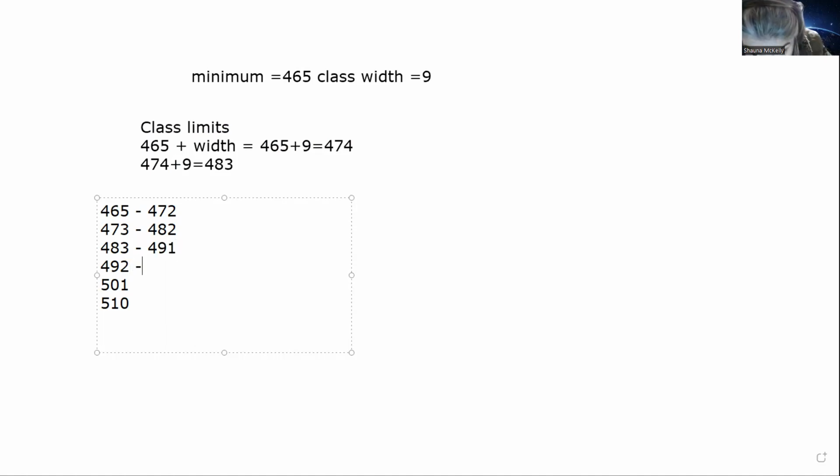This is going to be 500, and this is going to be 509. Now, you have an upper limit for the next class.